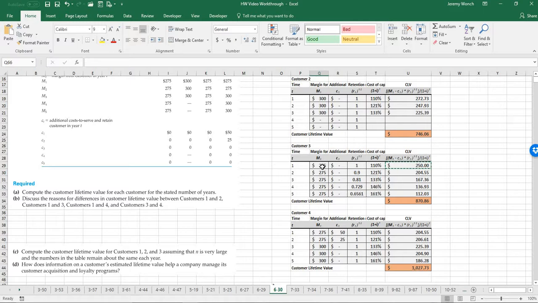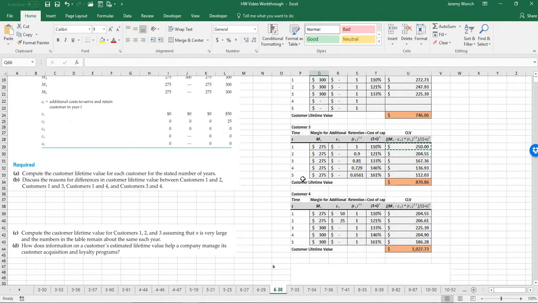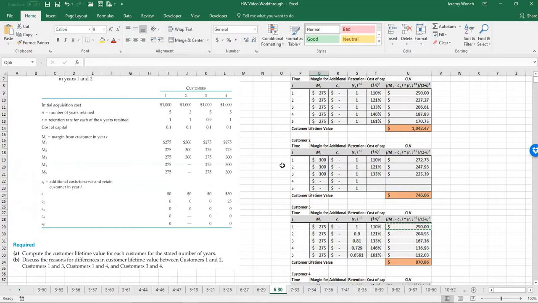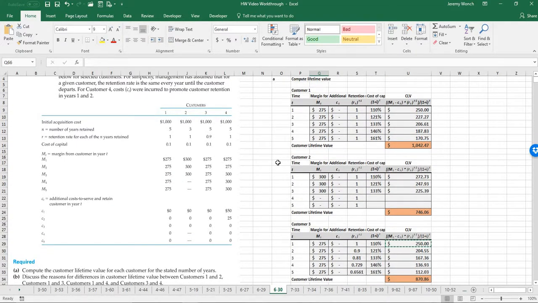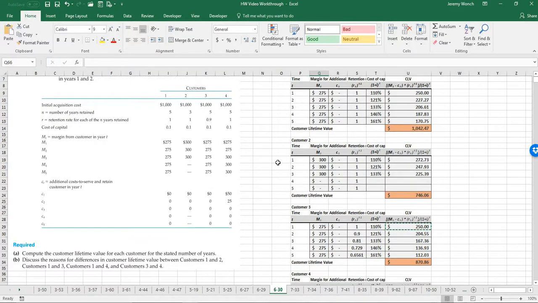So anyway, this is kind of an interesting problem. A lot of data, but it has some very significant impacts on how you set up your customer service programs, essentially.